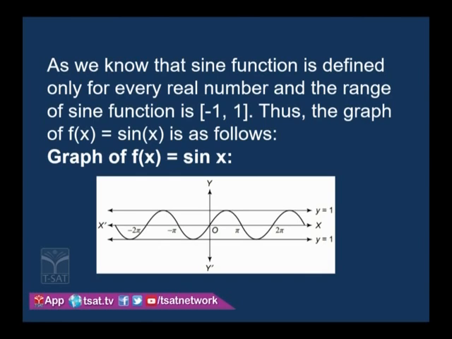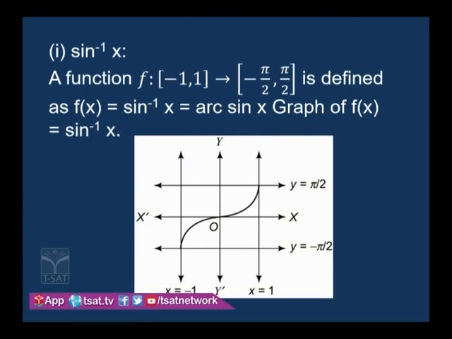We know that if a function has an inverse, the function should be one-one and onto, that is a bijection, but this is not a bijection. Suppose we restrict the domain to -π/2 to π/2, then the sin x function is a one-one and onto bijection.